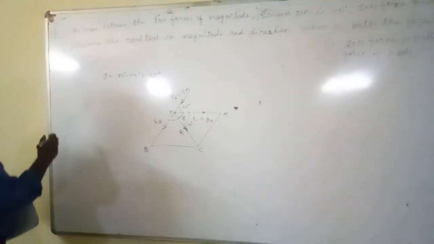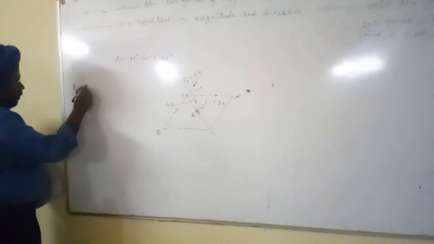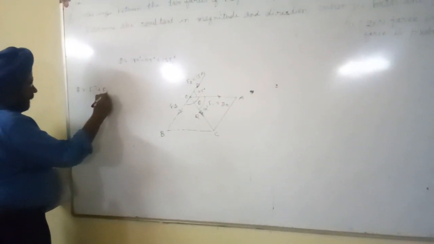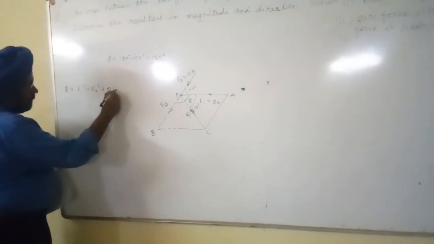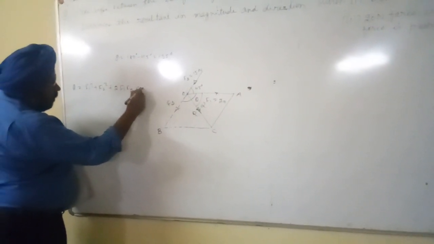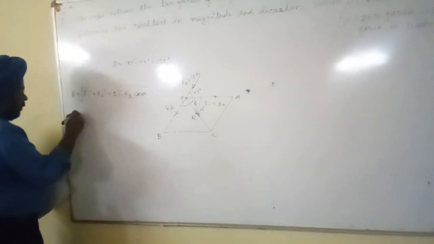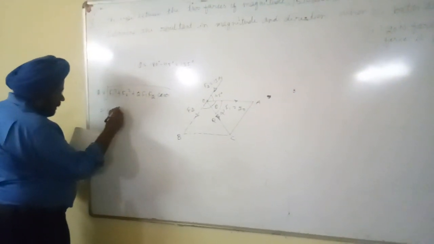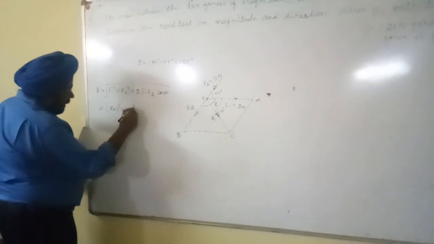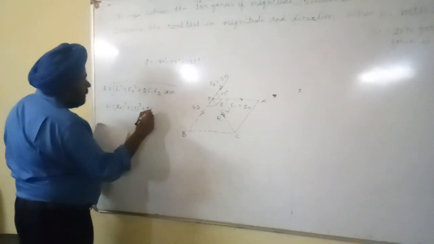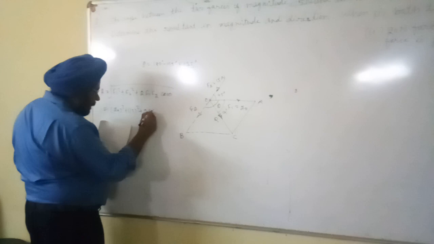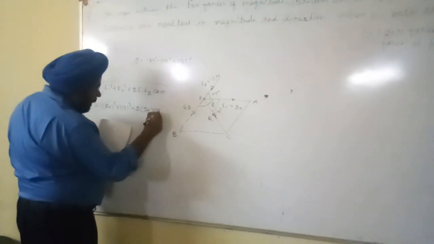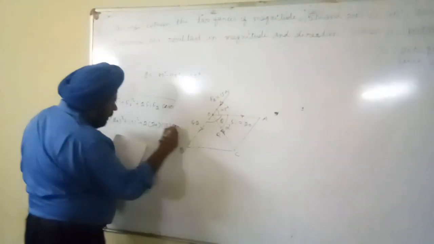Then again by using the equation R is equal to square root of F1 square plus F2 square plus 2F1F2 cos theta, we get 20 square plus 15 square plus 2 into 20 into 15 into cos theta.